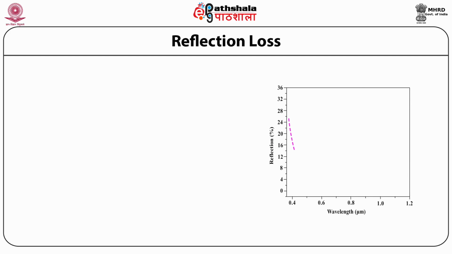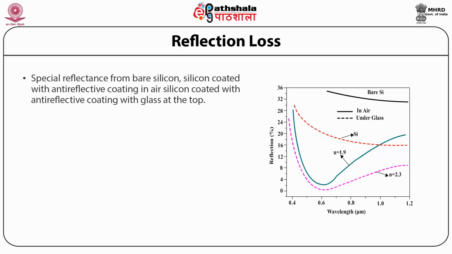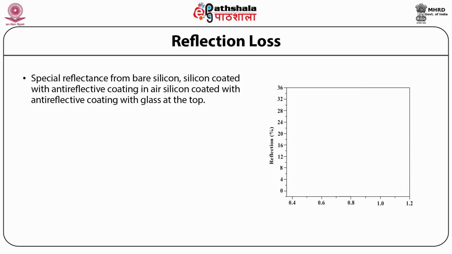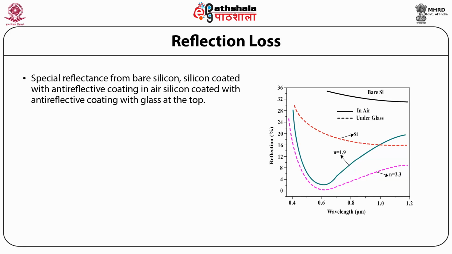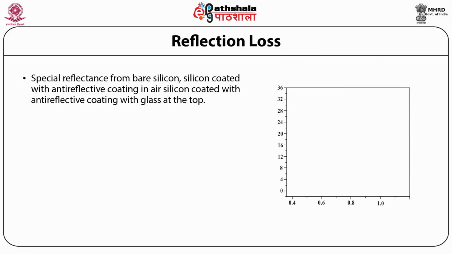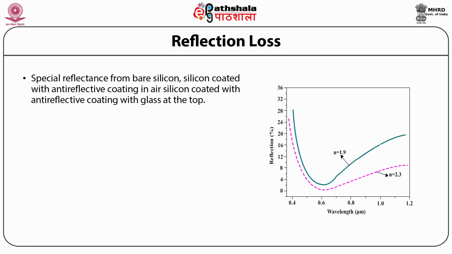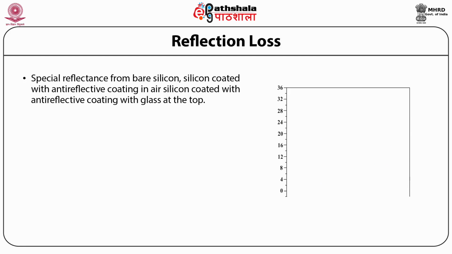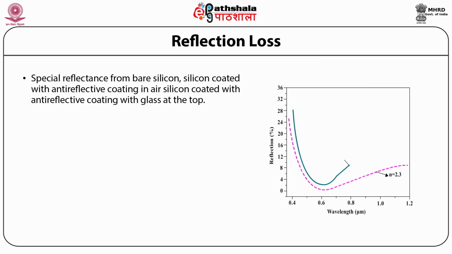Reflection loss. This graph shows the spectral reflectance from the bare silicon coated with the anti-reflective coating in air and the silicon coated with anti-reflective coating with glass at the top.